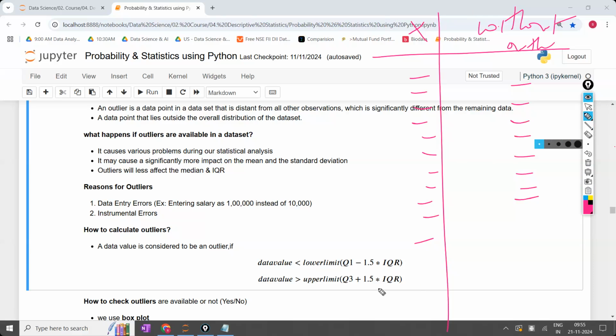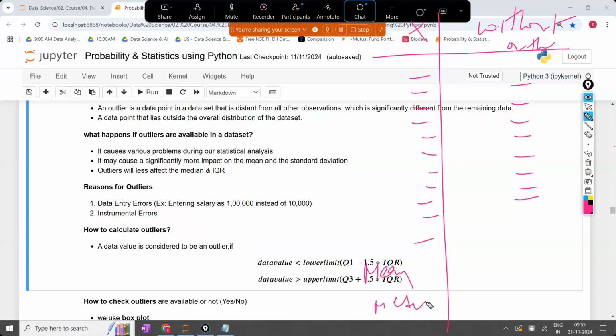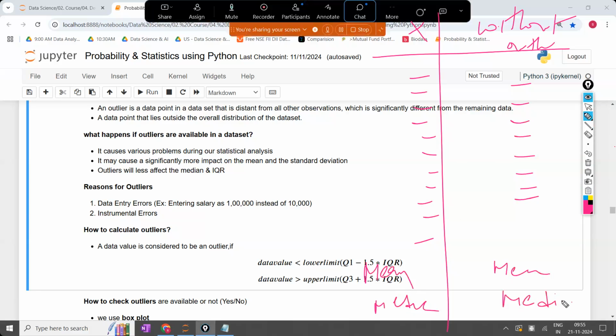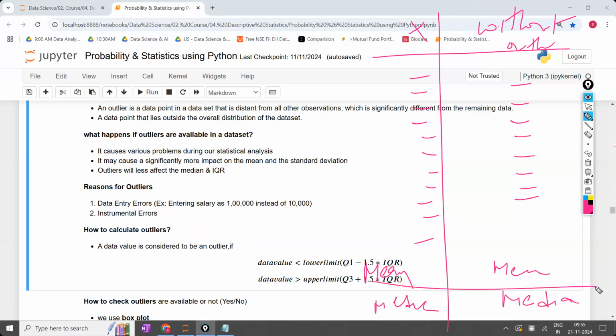Completed, right? So when you have taken the mean value and median value with outliers, and the mean value and median value without outliers, the mean will have so much difference, whereas the median will have comparatively less difference. It is not compulsory that the median will not have any impact. I'm not saying that.